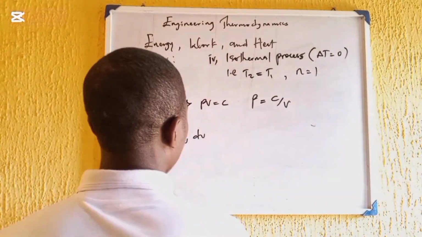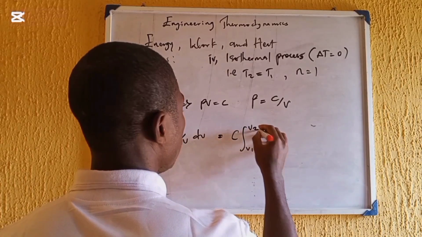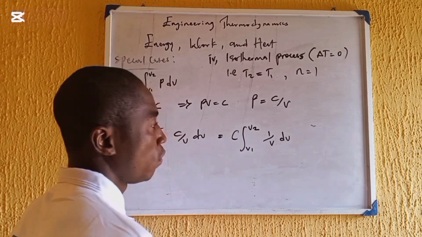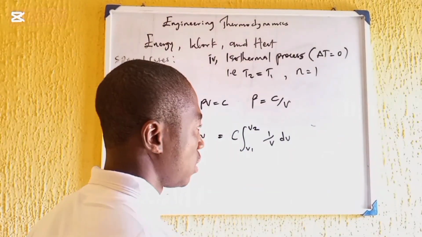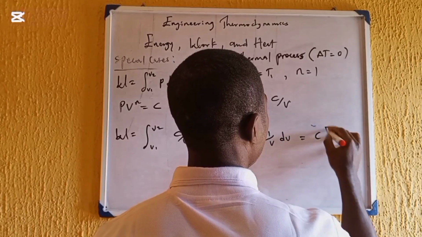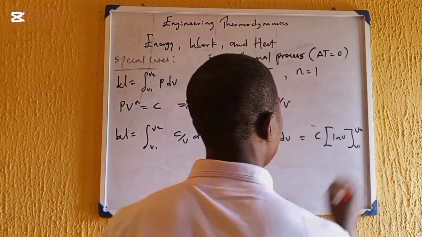Now we can bring out our C: C integral V1 to V2 of 1 over V dV. Now integral of 1 over x dx is ln x. So in that case, we are having C into ln V, from V1 to V2.